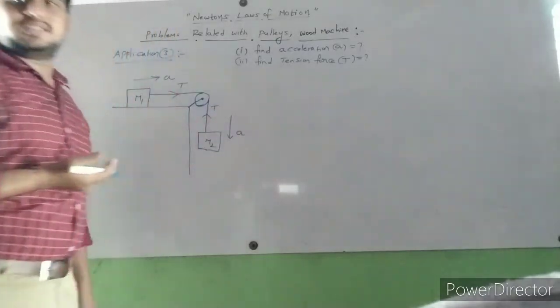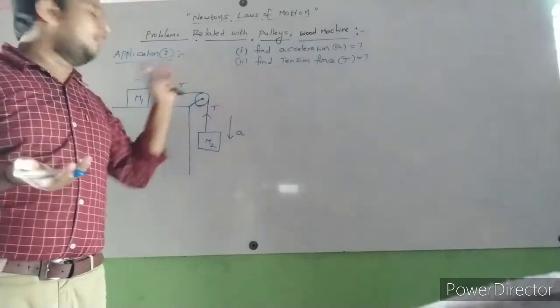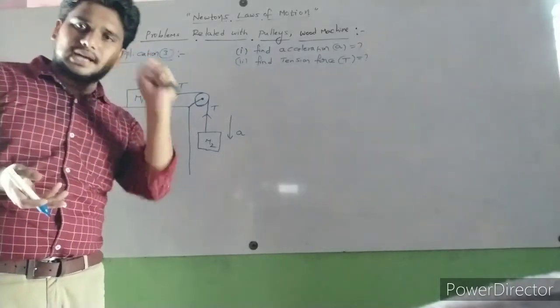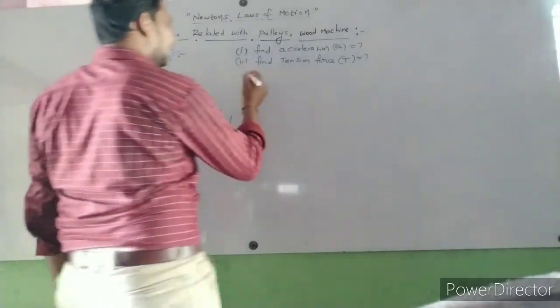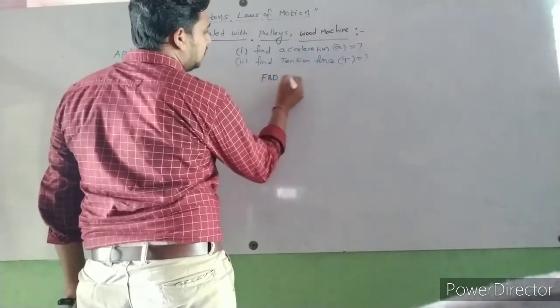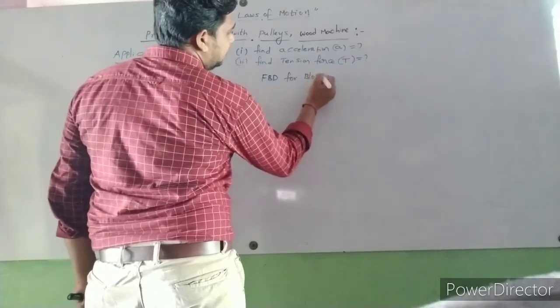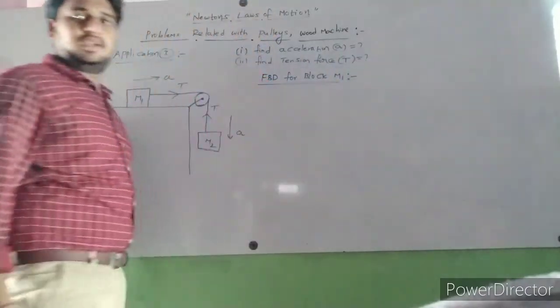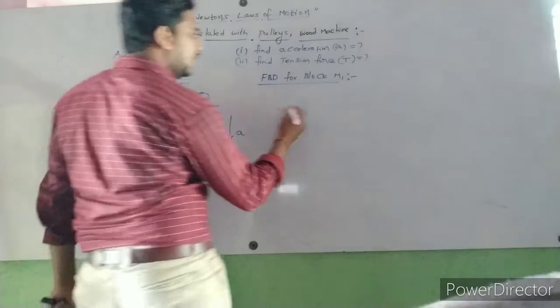Already we solved two applications, so we have to apply the free body diagram concept. So, FBD for block M1. Free body diagram for block M1. How to apply the free body diagram for M1?